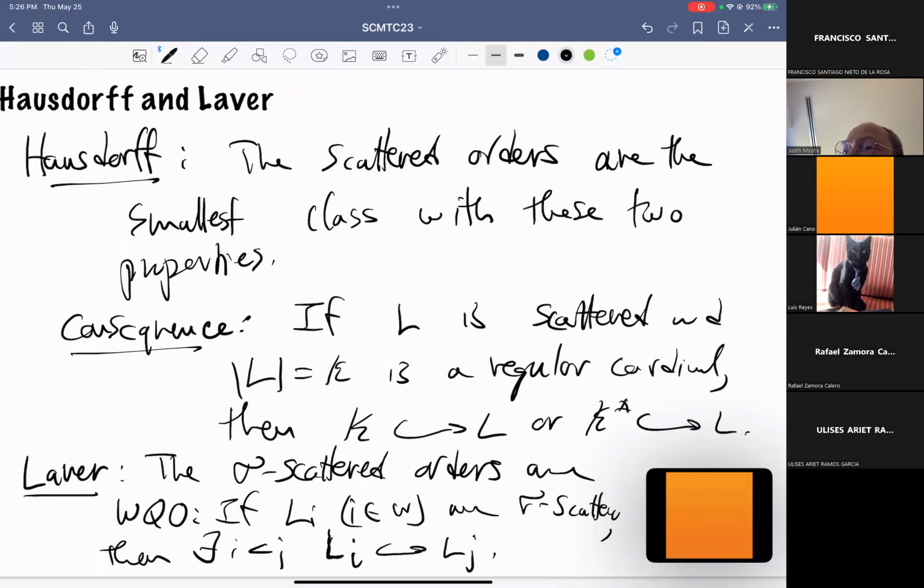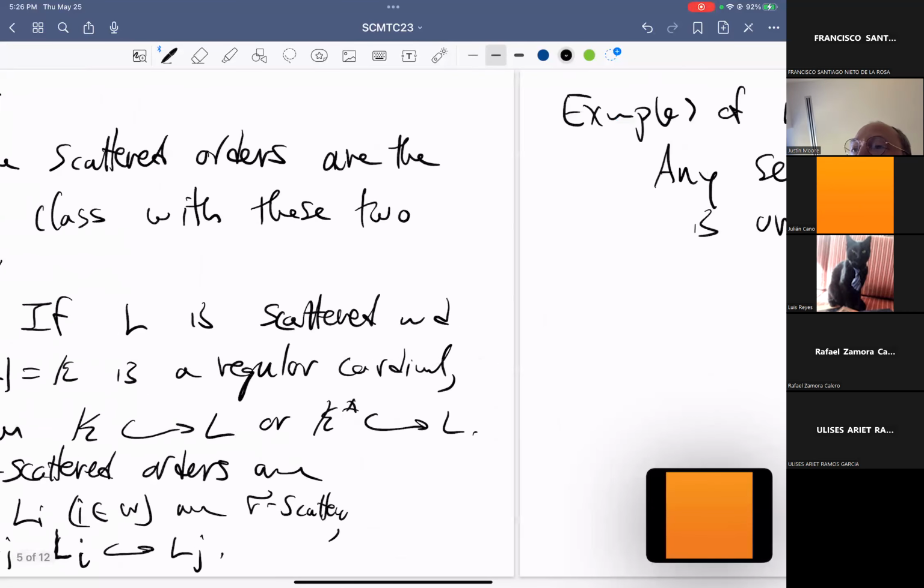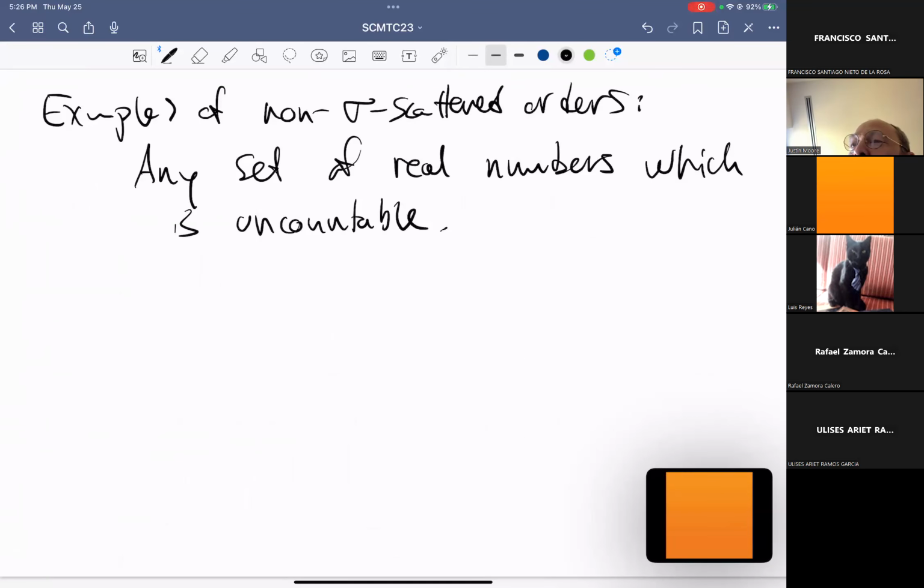So if you have an uncountable sigma scattered order, then either omega 1 or omega 1 star embeds into L. And we know that omega 1 and omega 1 star do not embed into the real numbers. So any uncountable set of real numbers is not a sigma scattered order.